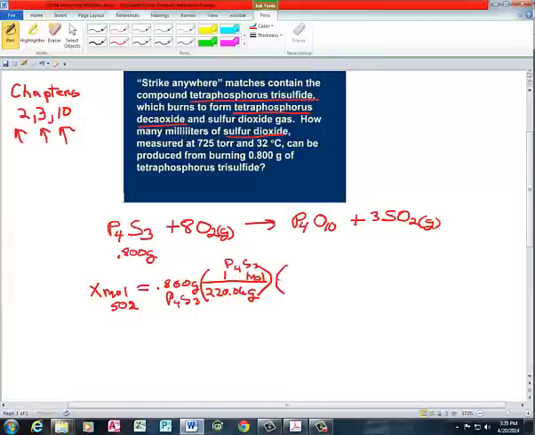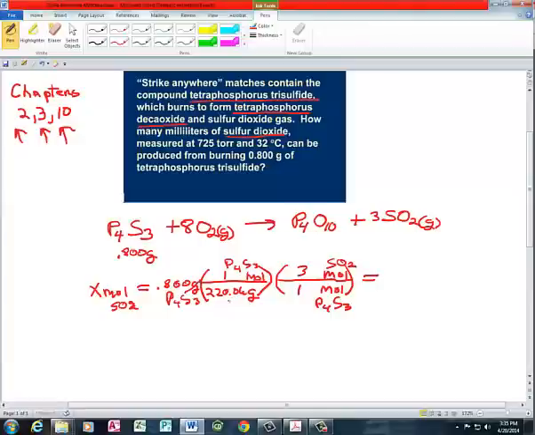Then we need to convert moles of P4S3 into moles of sulfur dioxide. So this will be sulfur dioxide in the numerator and tetraphosphorus trisulfide in the denominator. We look to the coefficients for that mole to mole ratio, and we find that it's a 1 to 3 mole to mole ratio.